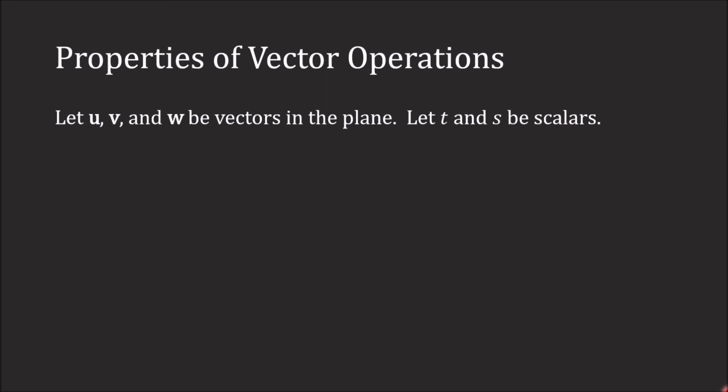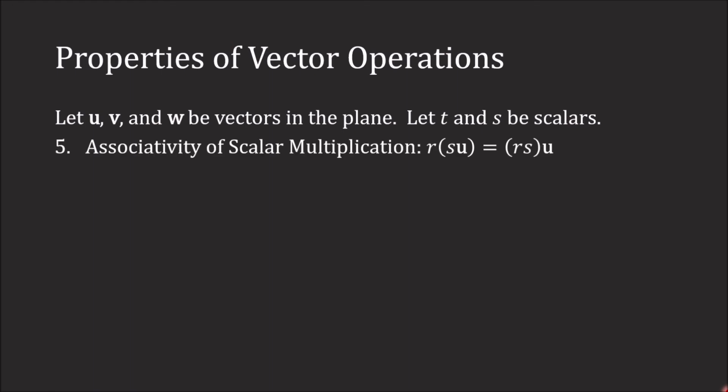Let's now look at associativity of scalar multiplication. r times the quantity s u is equal to the quantity r s times u. So in other words, you can just multiply the scalars first and then take the scalar multiplication.